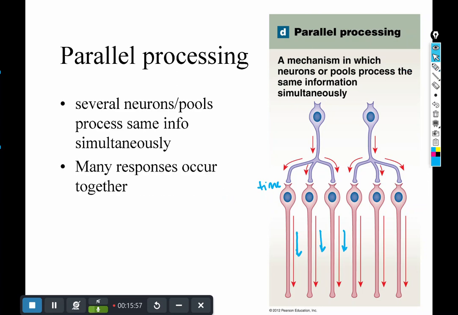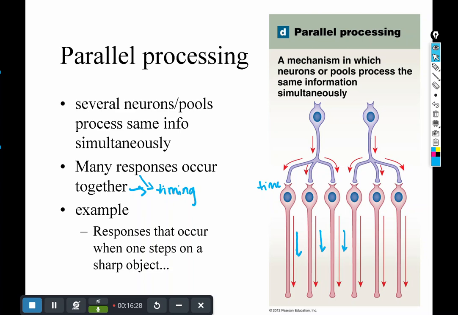So this allows responses to be coordinated in time, for example. So if we have co-occurring responses, this is a timing mechanism where if I have one piece of afferent information that requires several responses, and all of those responses must occur simultaneously, parallel processing is a great way to get that done. So even though it may seem a little bit simplistic, it definitely has its uses. So this is another thing that we'll get to when we get more into not only pathways information, but reflex arcs.